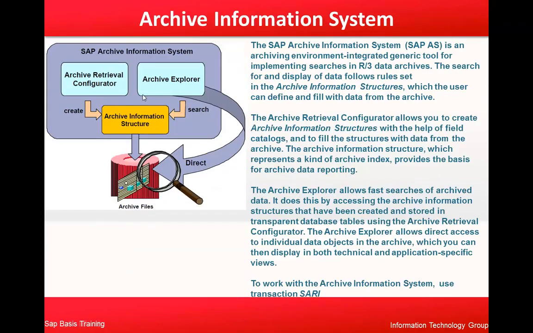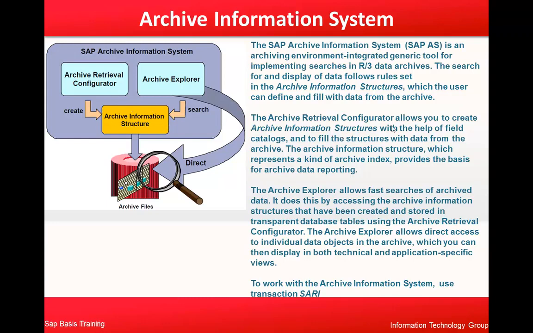The SAP Archive Information System, that is SAP AIS, is an archiving environment integrated generic tool for implementing searches in R3 data archives. So basically what this archive information system does is help to search very easily.